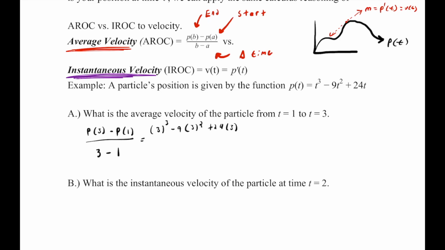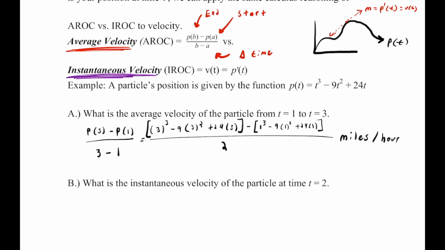All of those from position 3 minus the same thing from position 1, 1 cubed minus 9 times 1 squared plus 24 times 1, all over 2, right? We don't need to do that, but you could calculate this and it would be some kind of units, I'm making up units here, maybe miles per hour or something like that.